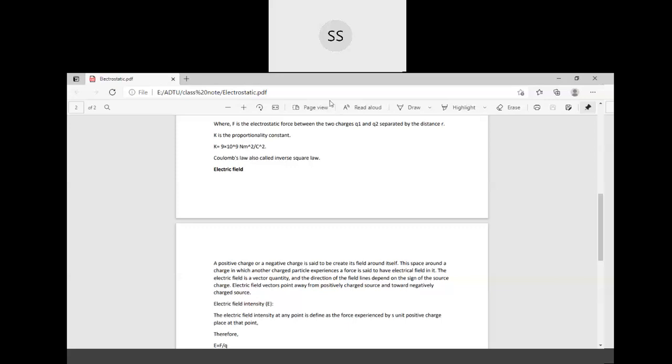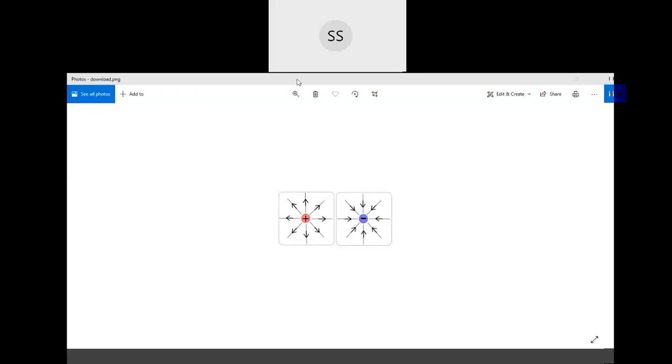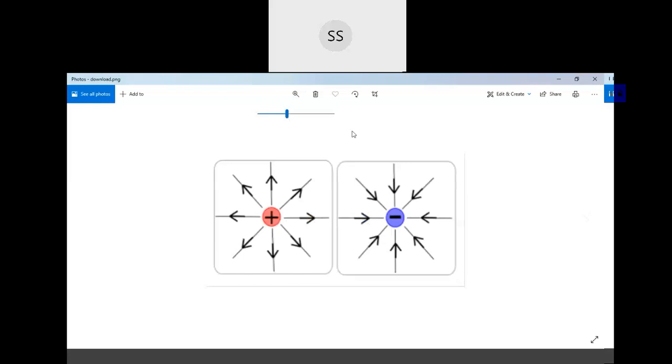Okay, let me show you a picture. See here, it is a positive charge and it is a negative charge.